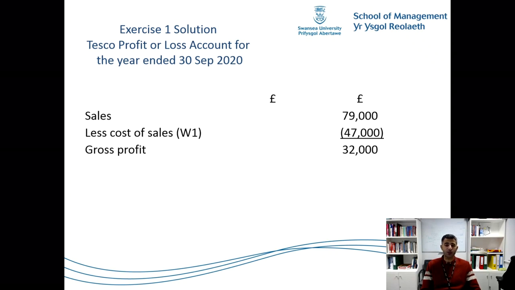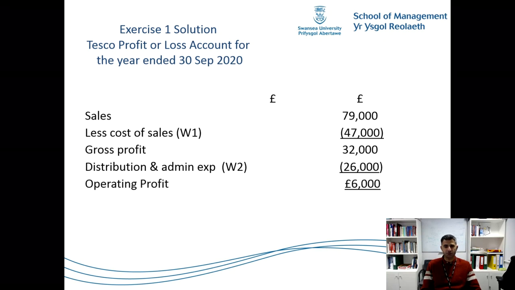Now you need to minus the expenses, which we did in working two, and it is 26,000 pounds. If you go back to working two, you will see it. £32,000 minus £26,000 is £6,000. £6,000 is the operating profit.